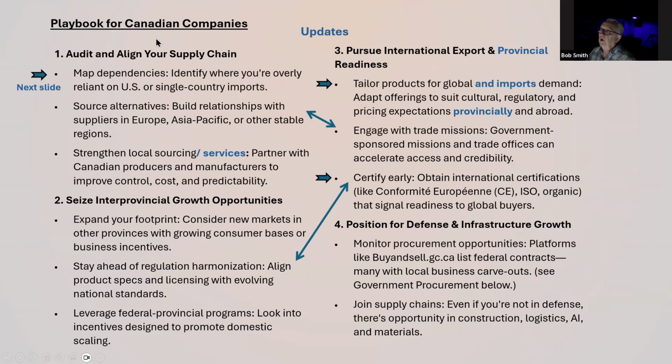What I had in the report as well was audit and align your supply chain. But what it is, more than anything, is just doing an audit and going through all the products and processes and looking at dependency, identifying where you're over-reliant on the US or on a single country import.